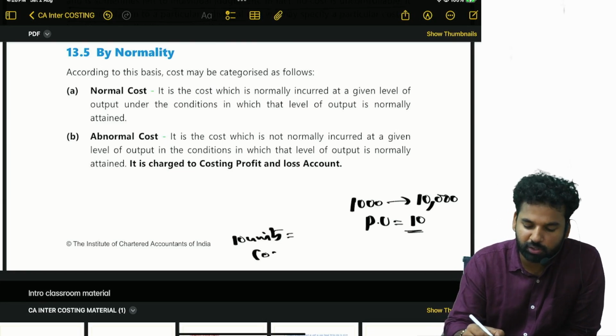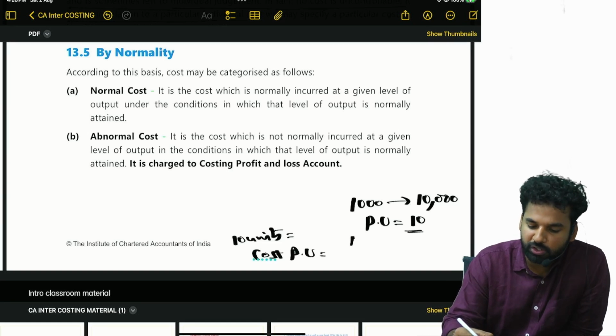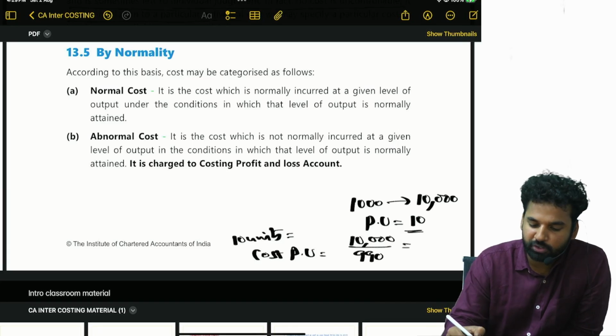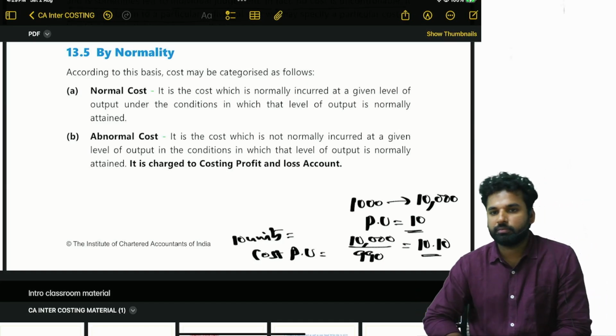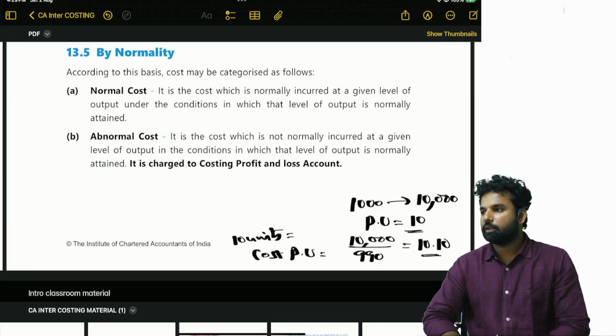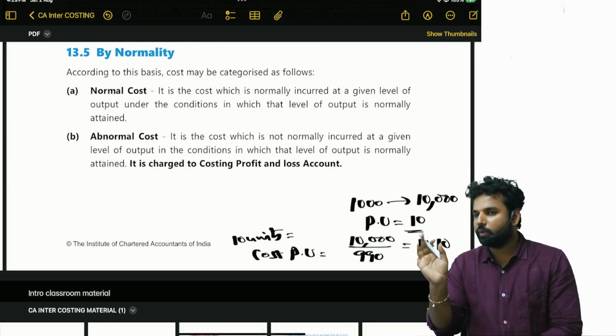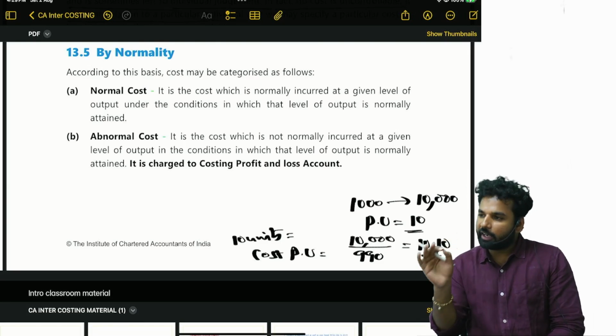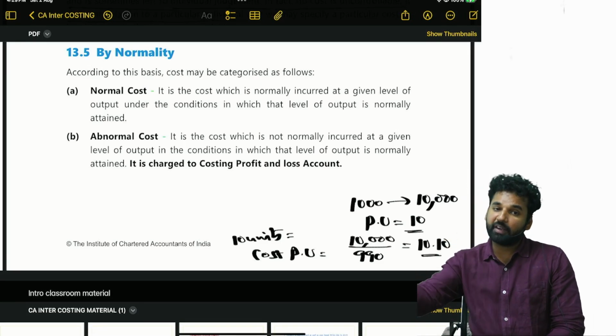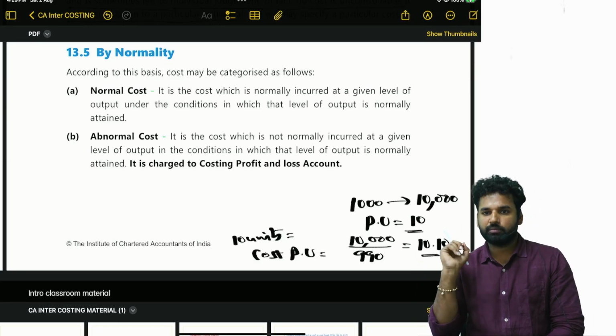Now the cost per unit will be the total cost 10,000 divided by 990. How much? 10.10 will be your cost. Correct? Ultimately, you have 990 units only, and from those 990 units you have to recover the entire cost of 10,000.